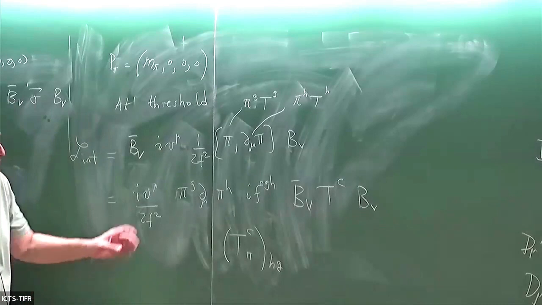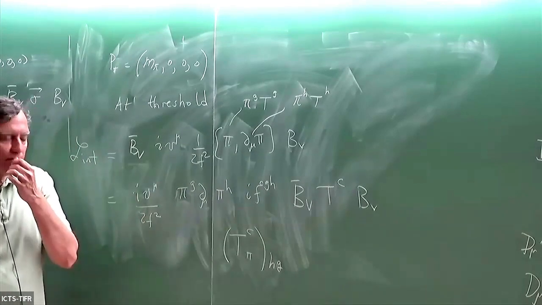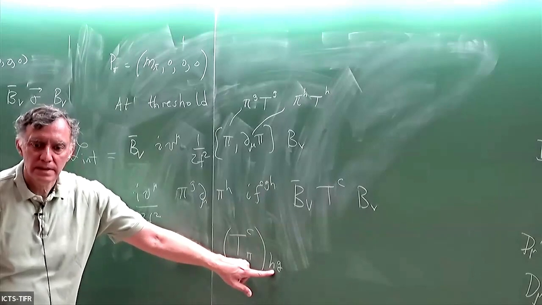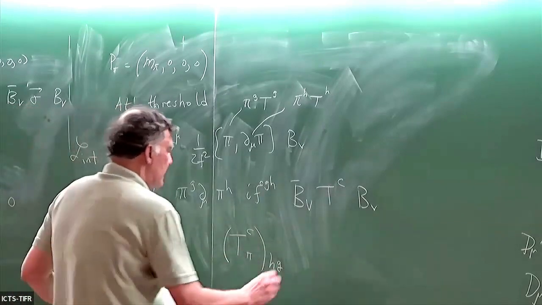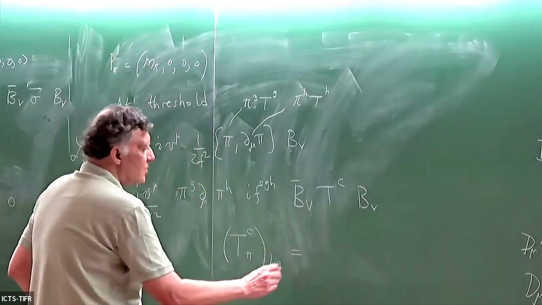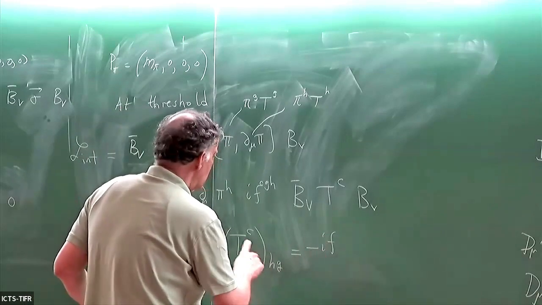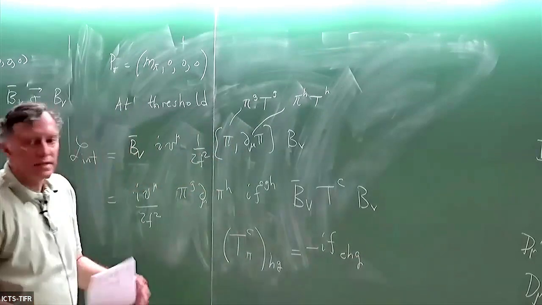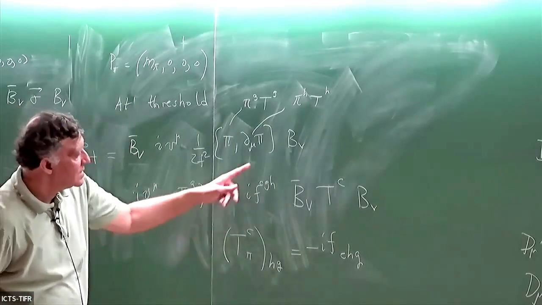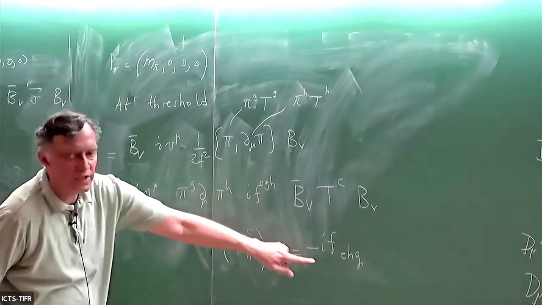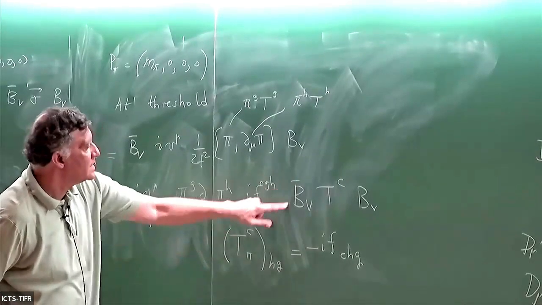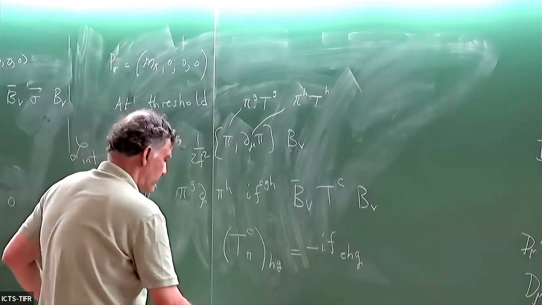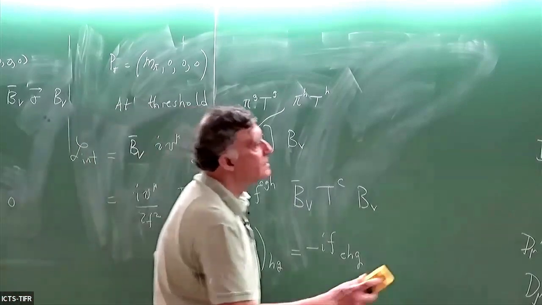So if you take the representation matrix for pions for the generator Tc, h g, that can always be written, because it's the adjoint representation, as the structure constant minus I f c h g. And the structure constants are antisymmetric, so it's the same as the plus I f c g h. So I can replace this factor by the pion representation element.